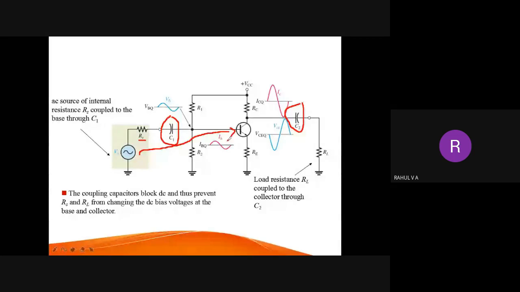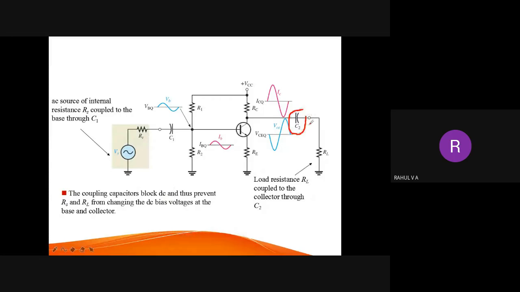On this side we have VCC, which is DC, and it should not go that side. So the capacitor will allow only AC to pass and block this DC. That is the function of both capacitors C1 and C2. C2 is required when you have one more stage, else it is not required.